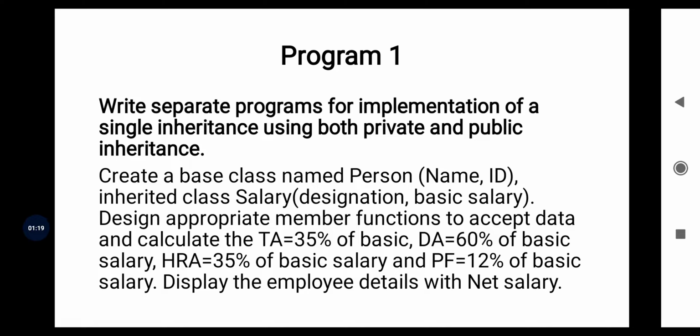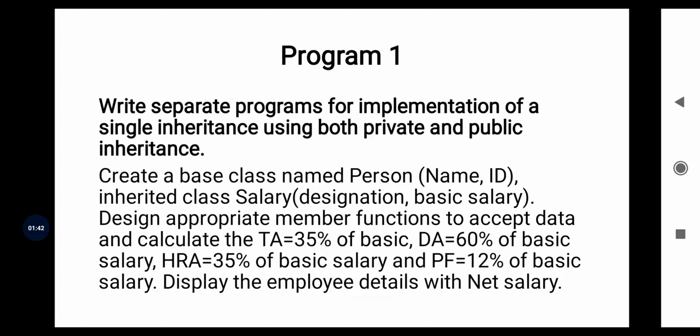So the base class is just going to store the name and ID, and the derived class is going to give you basically the salary component. Now what you need to do is just create an inheritance structure and inherit the name and ID from the base class and print the entire employee details along with the net salary.